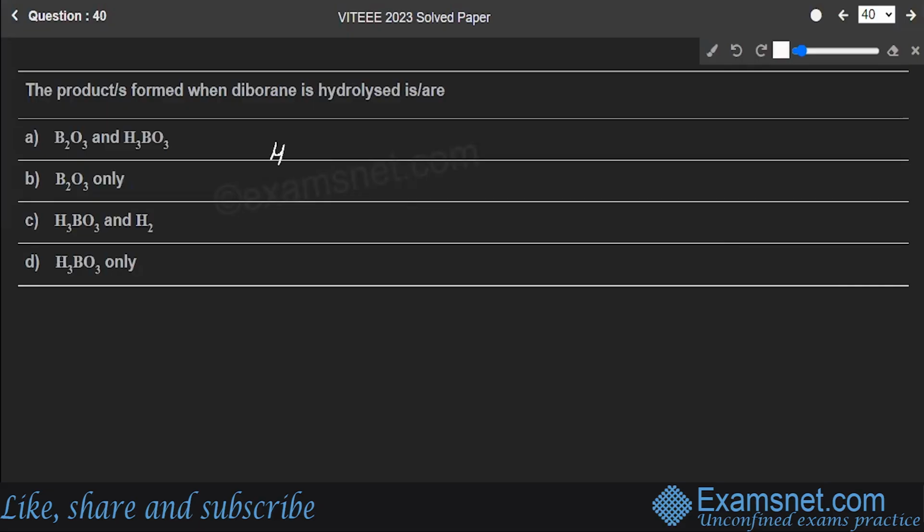It is B2H6. When it is hydrolyzed, it will give you H3BO3 plus H2. Let's balance the equation. You have this 6, and here will be 2, here will be 3. Hydrogen gas will be liberated.